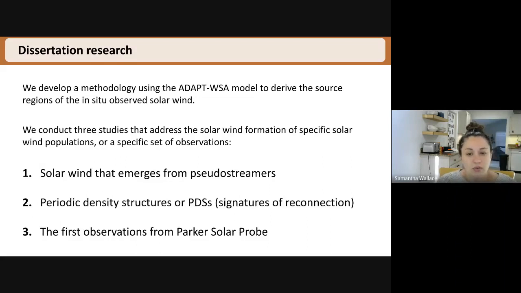In the first study, we're looking at whether field line expansion accelerates the solar wind that emerges from pseudostreamers. In the second, we're looking at particular structures in the quiescent solar wind that are considered signatures of reconnection. Each of these studies led to significant model development and modifications, which enabled us to apply these techniques to the first observations of Parker Solar Probe. When applicable, I'll discuss our results in the context of this new framework that I was just showing previously.